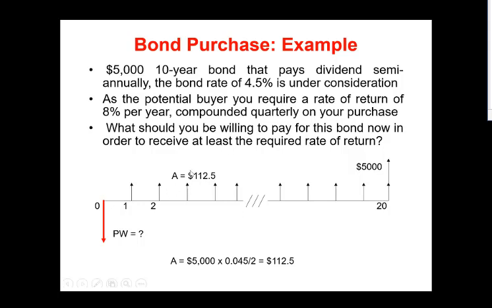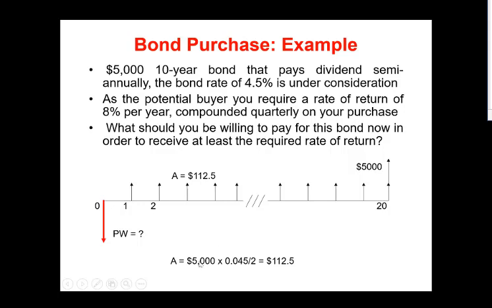Now, here is a dividend. The dividend of 4.5%, we divide by 2 because 1 year includes 2 half-years, okay? So 0.045 divided by 2 is the interest rate for a period of a half year, okay?